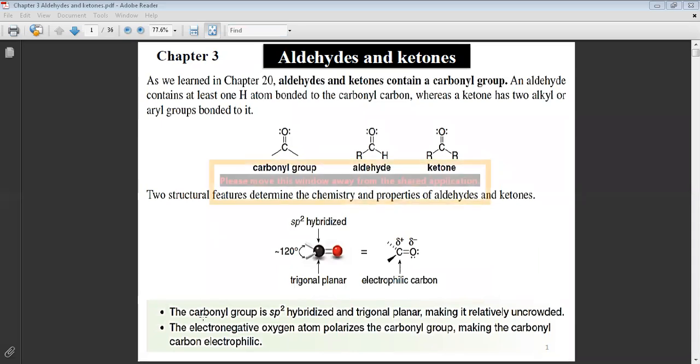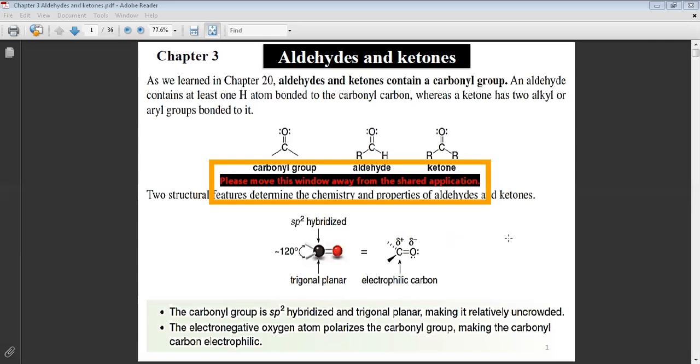Okay, the electronegativity of the oxygen atom, and look, we have here an oxygen atom. The electronegative oxygen atom polarizes the carbonyl group, making the carbon electrophilic. That means this oxygen atom, with high electronegativity, takes electron density from this carbon, making this carbon partially positive, and the oxygen partially negative.